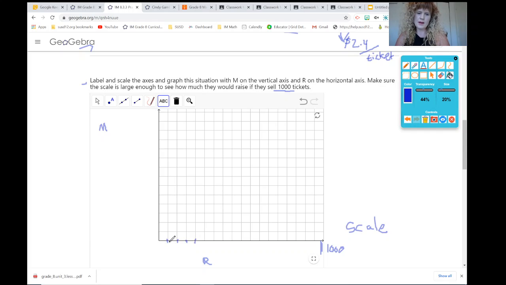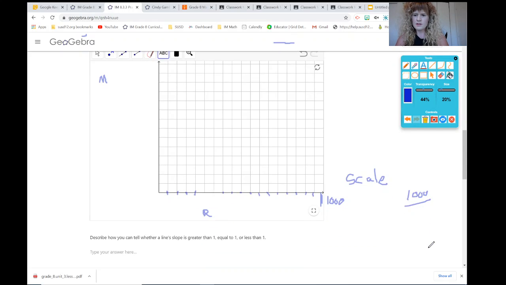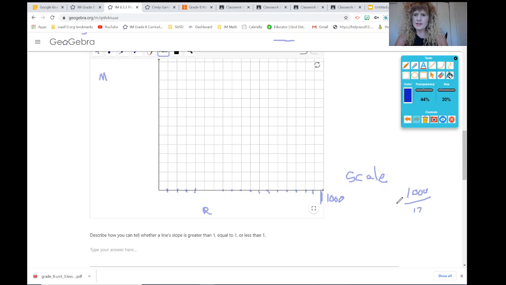I think, let's count them. 1, 2, 3, 4, 5, 6, 7, 8, 9, 10, 11, 12, 13, 14, 15, 16, 17. There's 17 tick marks. So how many tickets for sale for each tick mark? Let's go 1,000 divided by 17.